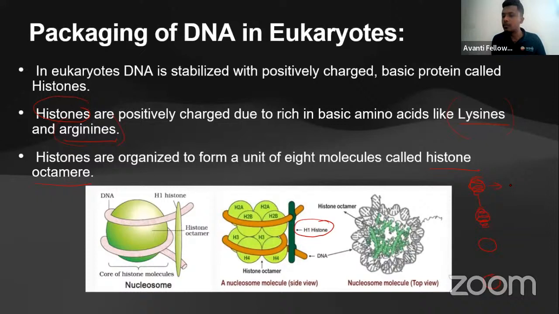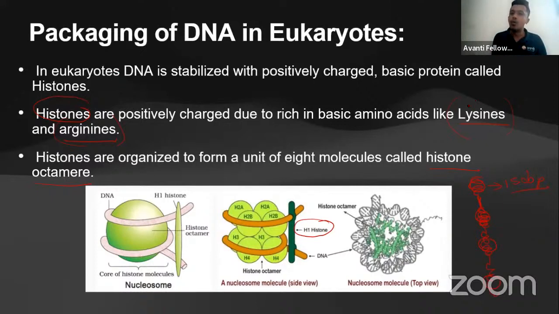Each histone octamer can wind up to 150 base pairs of DNA. Now there is a small tail-like structure. This tail DNA just connects from one histone octamer to another histone octamer, where the winding of the DNA continues to the next octamer. Like this, you can see that the winding keeps happening down the line.